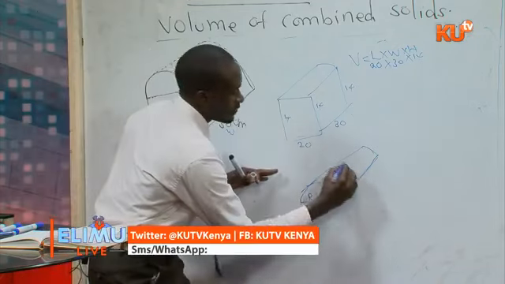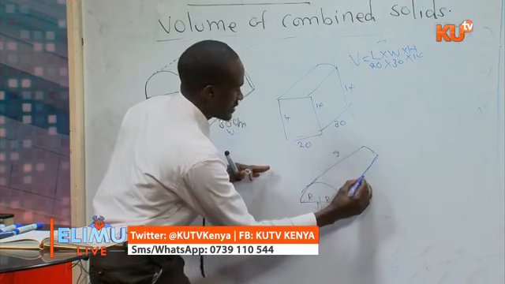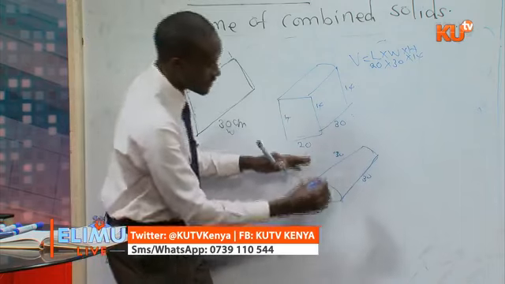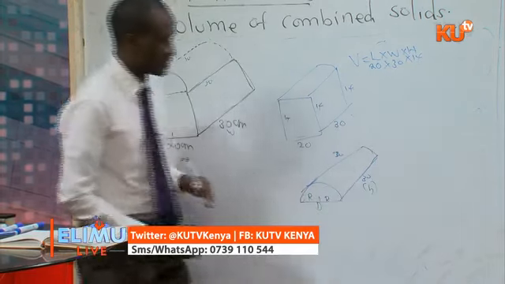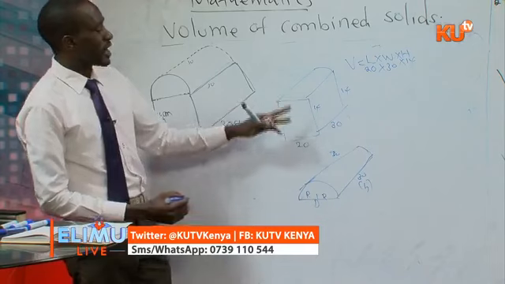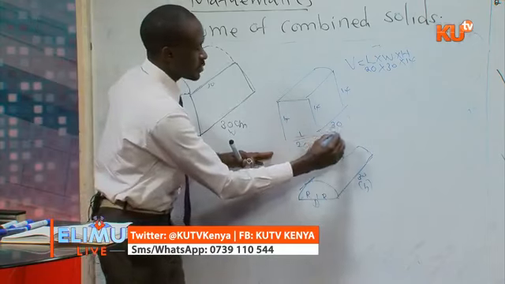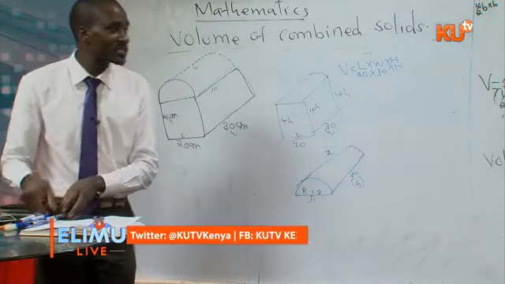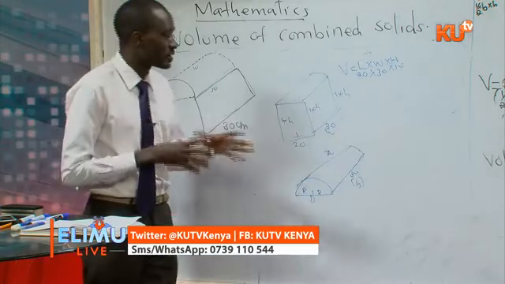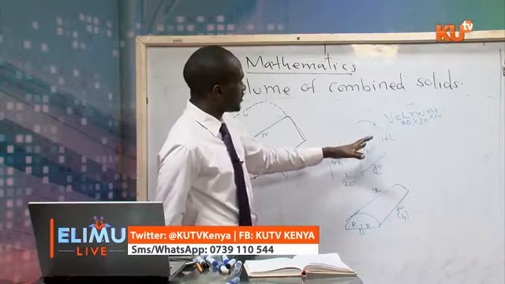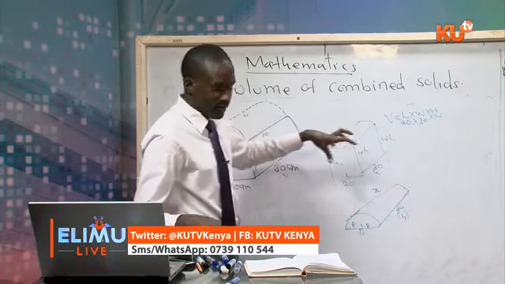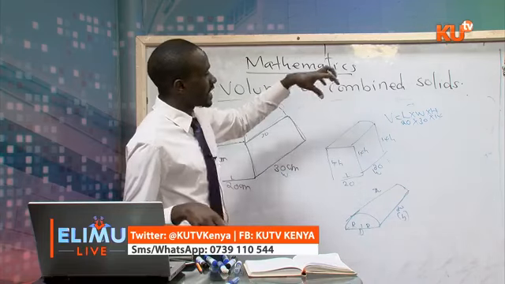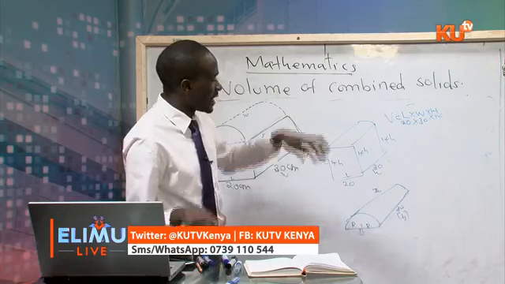So when you come to half a cylinder, its height is 30. But when you come to a cuboid, it is length times width times height. That's why we said they are combined solids. And for a combined solid, you realize each takes its height depending on how the figure which has been added is appearing.